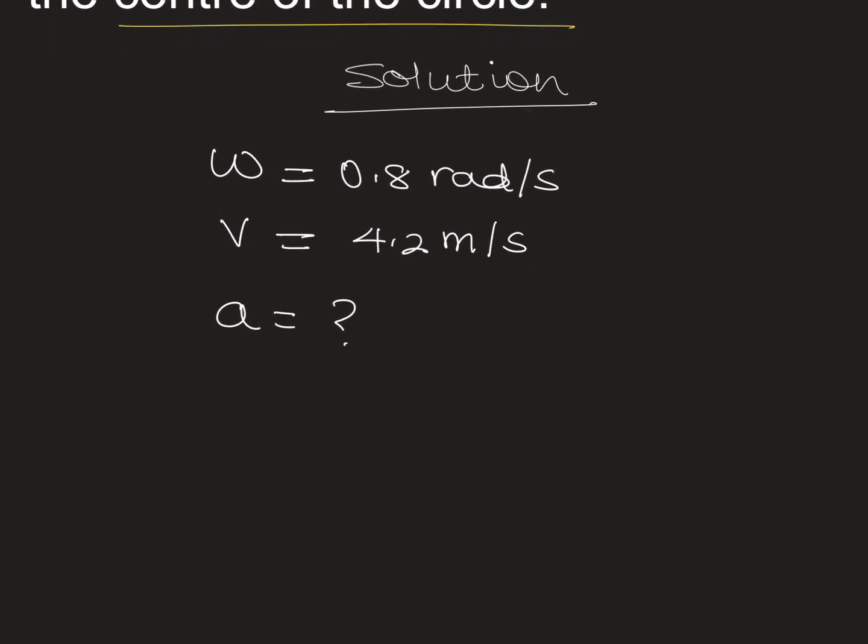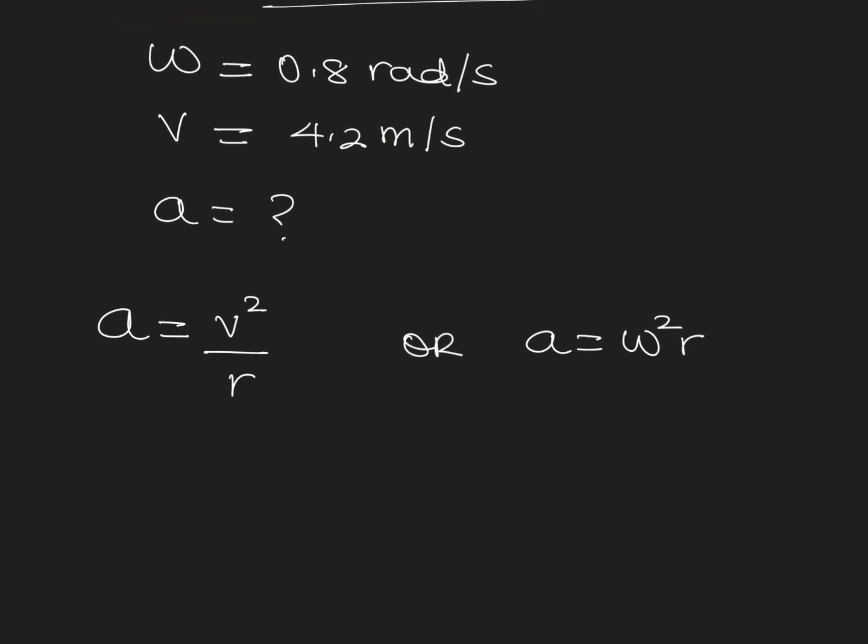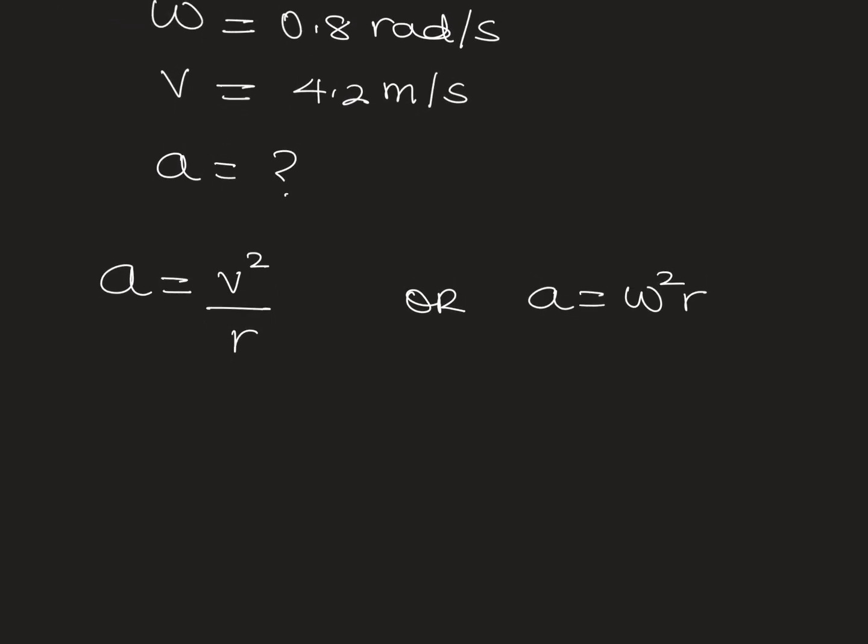To find the acceleration, we already know two formulas. Either we use acceleration is equal to v squared divided by r, or acceleration is equal to omega squared r. But there is also another formula, which is acceleration is equal to omega times v.